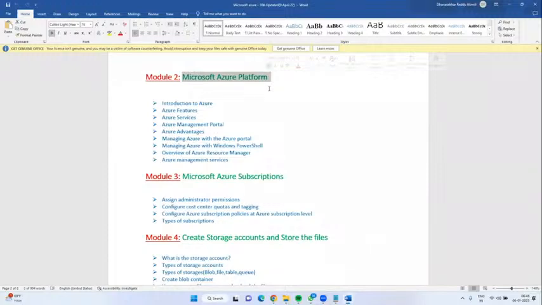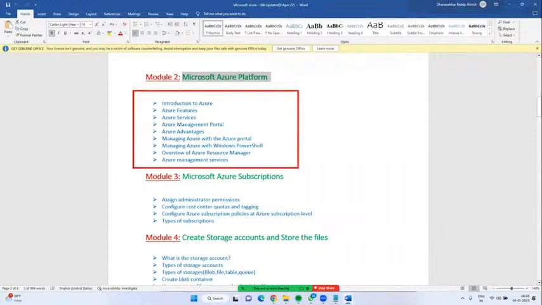How we can create all these services, we will discuss in module two. Also, the Azure portal has many options: how we can disable a few options and how to get frequently used services. We will see all that in module two.